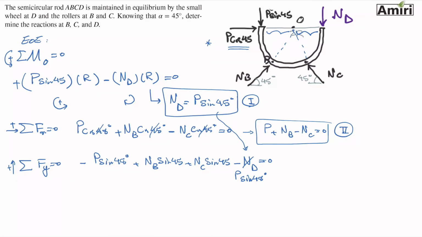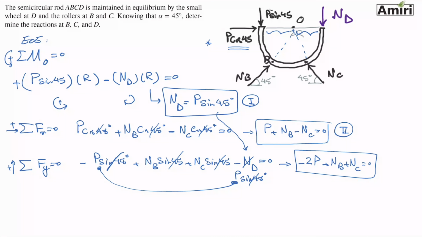All right, sine 45 and cosine 45, I could just get rid of all of these here. This results in minus 2P, because I have 1P here, 1P right there, minus 2P plus NB plus NC equals 0. All right. Let's call this 3.